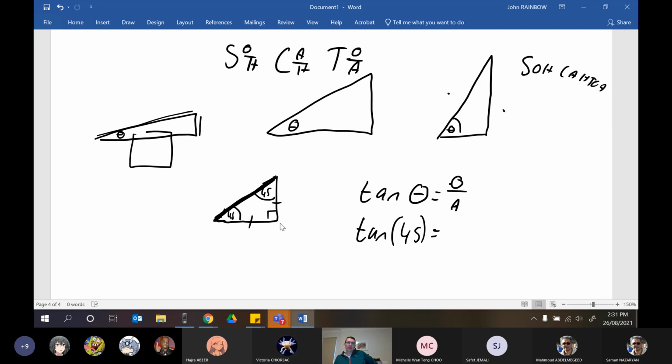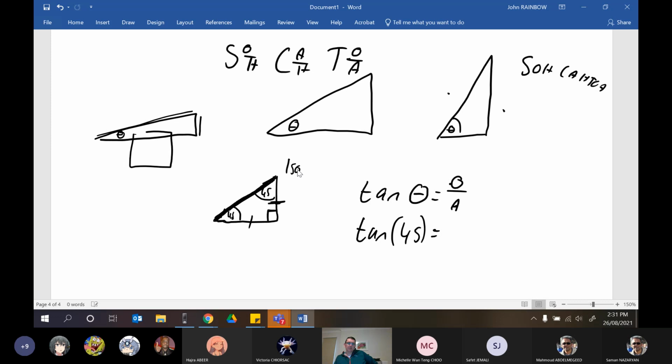If this is my opposite length and I divide it by my adjacent length, what do you think the answer would be? This is a 45-degree triangle. What do you know about a 45-degree triangle? It is a right angle triangle. What else do we know? What about these lengths? What do we know about these lengths? Is there anything in common? They're the same length. If it's 45, would you agree it would be the same length?